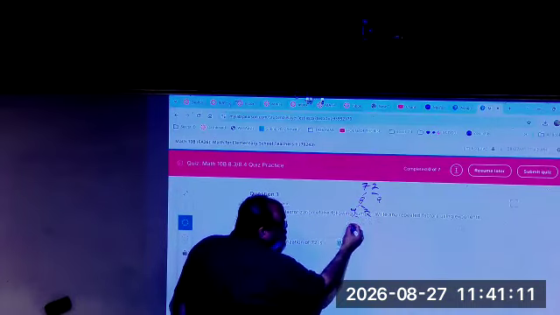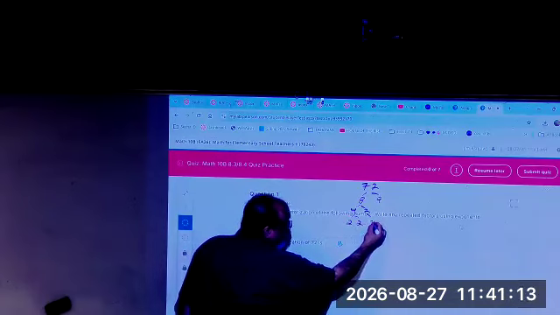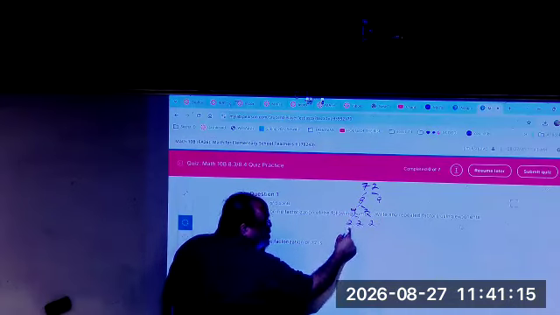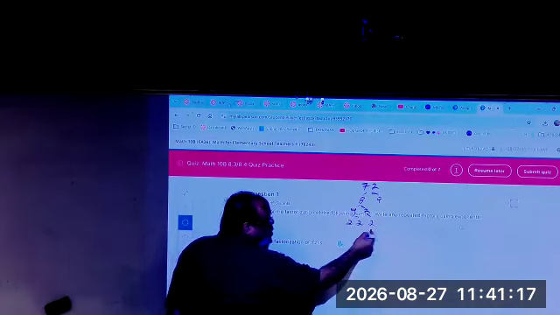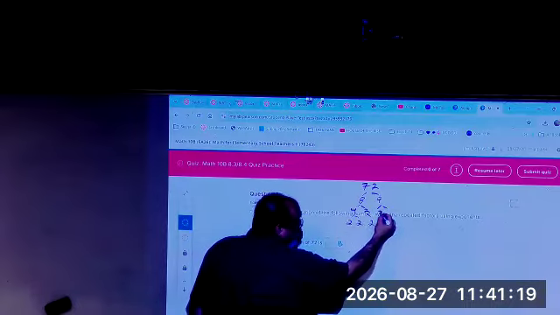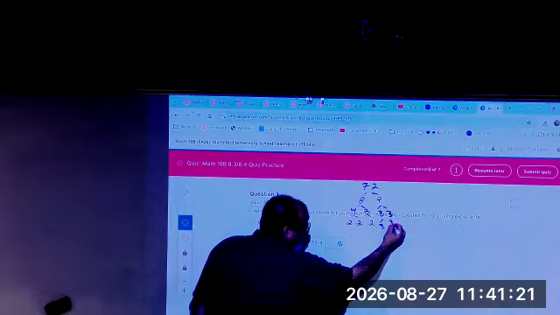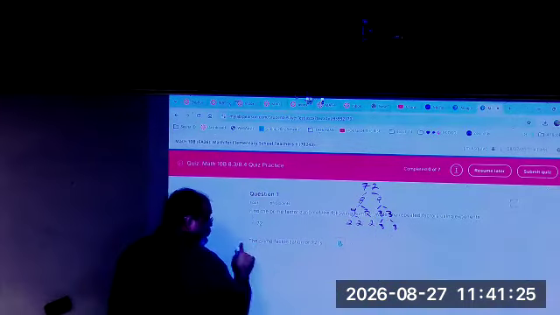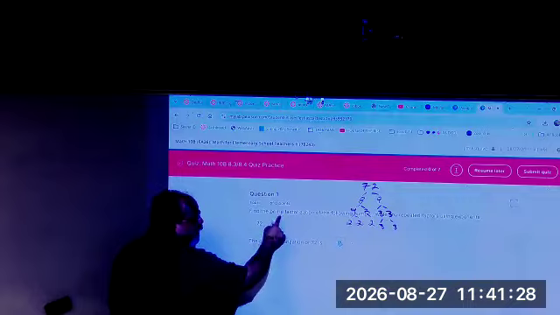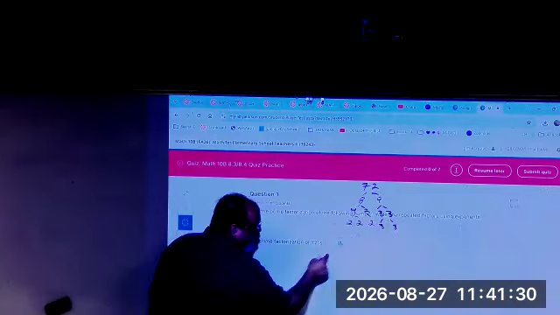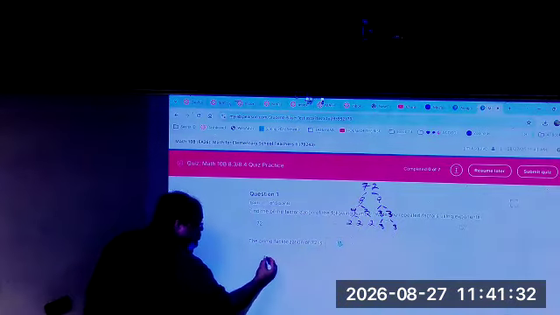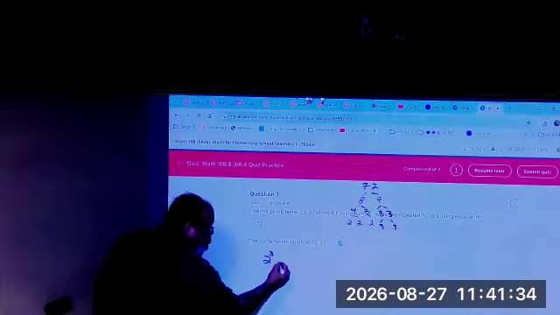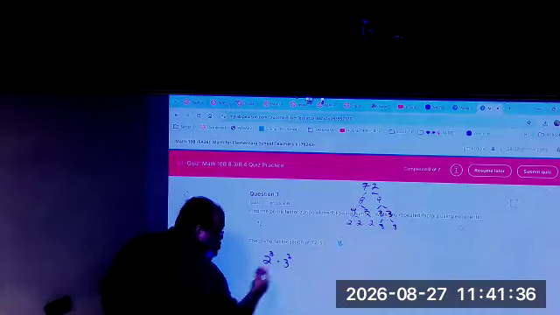When you factor 8, you're always going to get 2 to the third, because 8 is always going to be 2 to the third power. Now 9 is 3 times 3. So they want prime factorization. If you have repeated factors, use exponents. So we have to type in 2 to the third times 3 to the second.